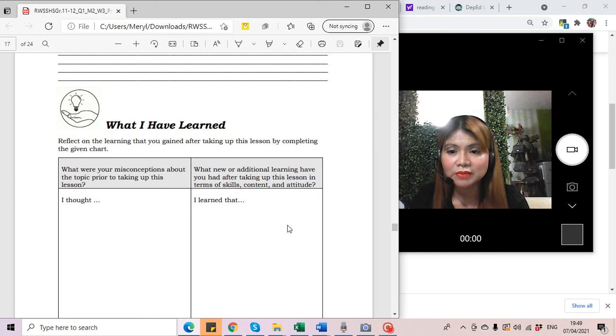Misconceptions, ano yung mga maling pagkakaintindi or maling pagkakaunawa ninyo tungkol sa paksa bago ninyo nakita ang lesson na ito.